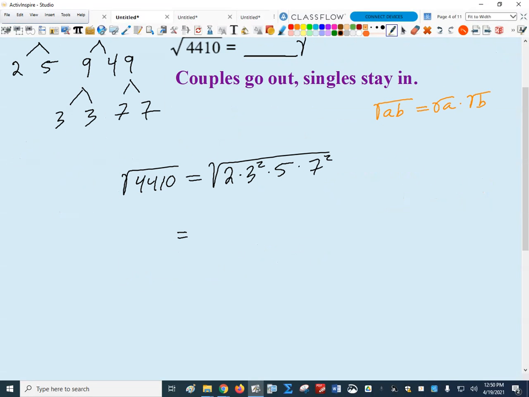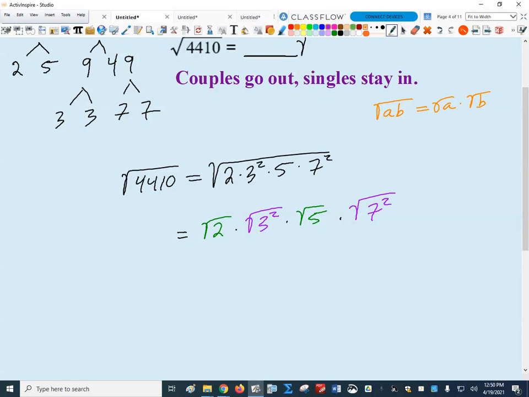So this gives us the square root of 2 times the square root of 3 squared times the square root of 5 times the square root of 7 squared. Do you notice anything good happening there? Do you see anything important happening to any of those radicals?